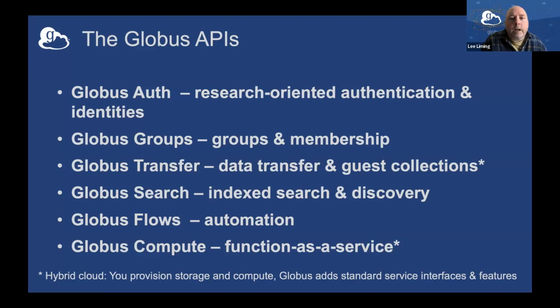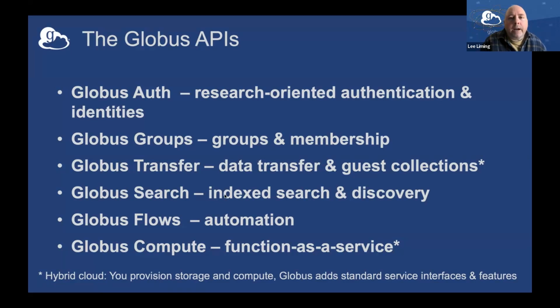The Globus Transfer API allows you to request transfers to and from Globus connected systems, storage systems, and also to do things like directory listings and basically that get you to the individual directories and files on the system. And then, set access control permissions and stuff like that through the transfer API.